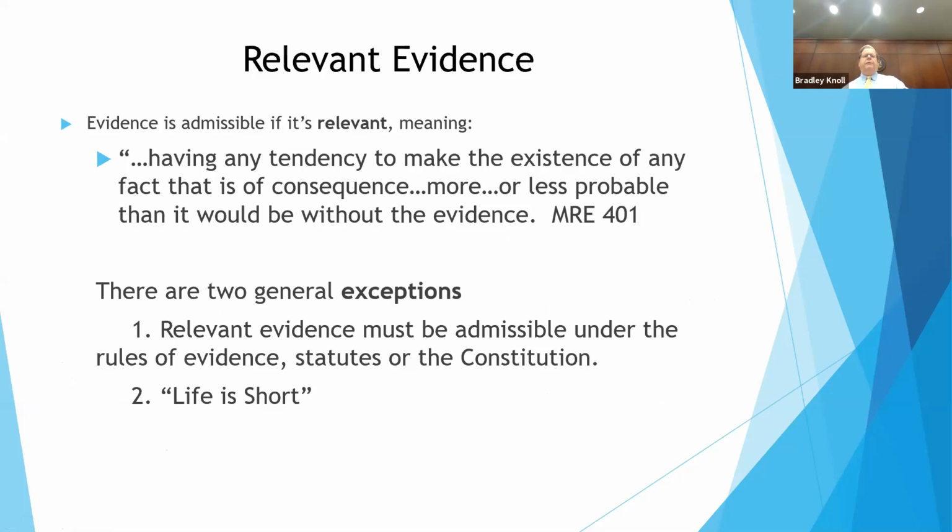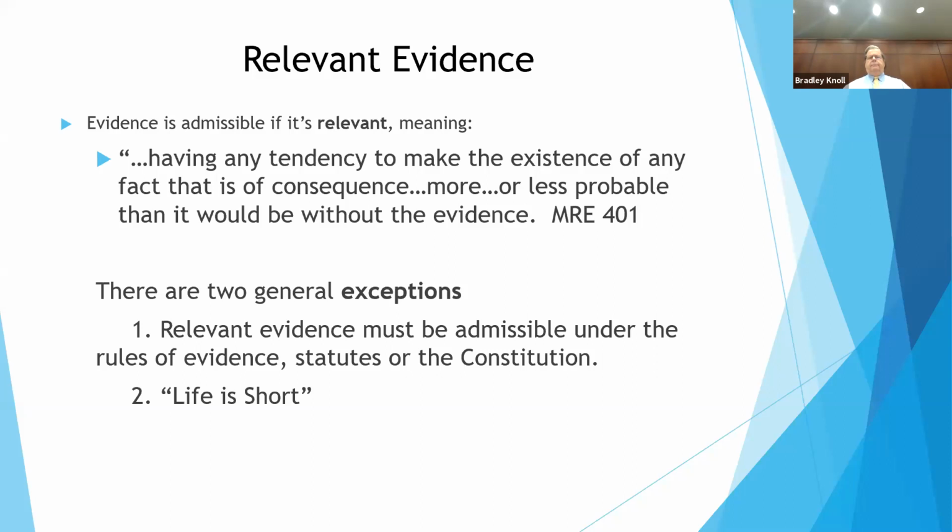So that's what we start with, the idea that the proof that's being offered must be relevant. The word that's used is probative. It has to be something that would make a jury or a judge believe an asserted fact is more likely or less likely because of that particular piece of proof.